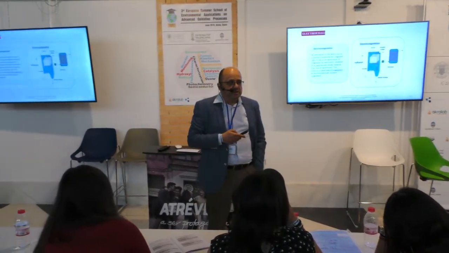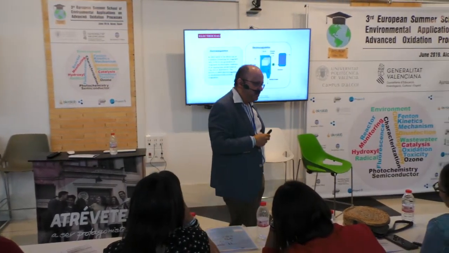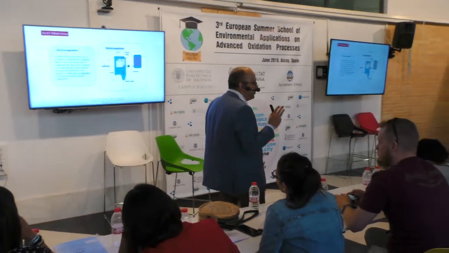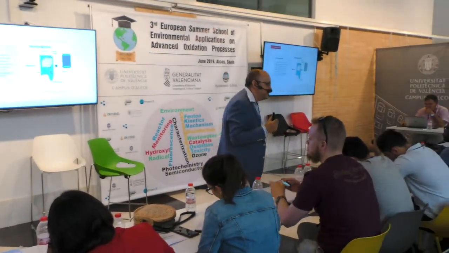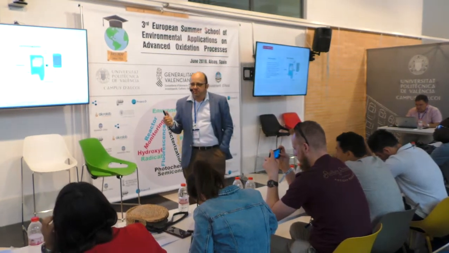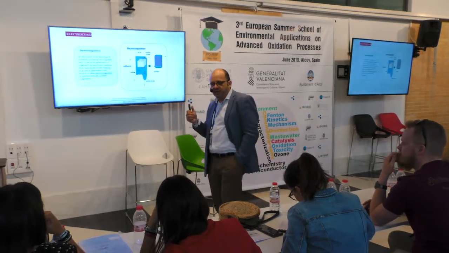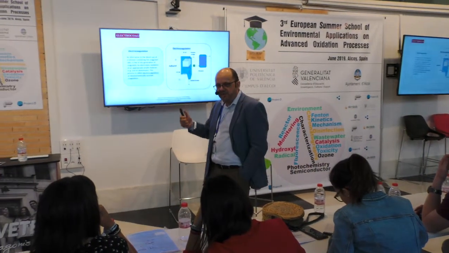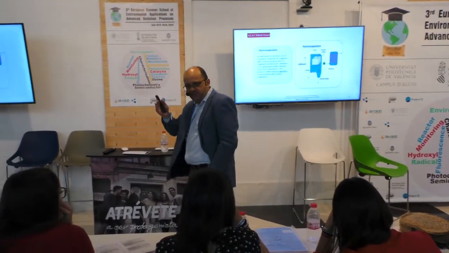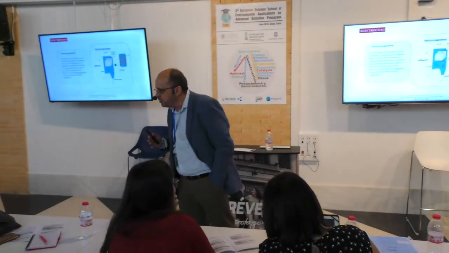More points. What are the key electrochemical technologies in water treatment? Basically, 3. Electrocoagulation. Electrocoagulation is the same as chemical coagulation, and the difference is that instead of adding a salt, what we are doing is to dissolve an aluminum or an iron electrode.